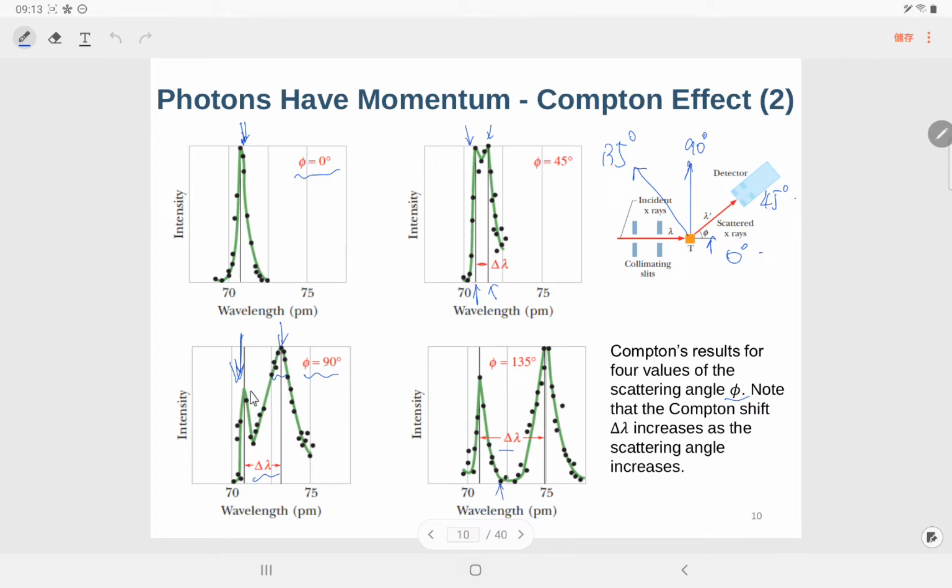Yeah, this is not 5. This is 2.5. This is 70, this is 75, so this is 72.5. So from this to this point is around 2.5. So for this one to this one is close to 5, a bit less, maybe 4 point something.